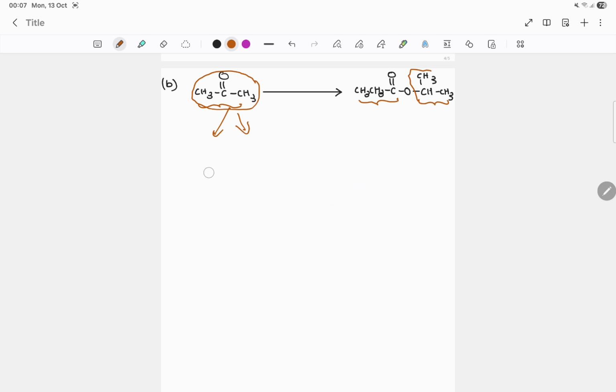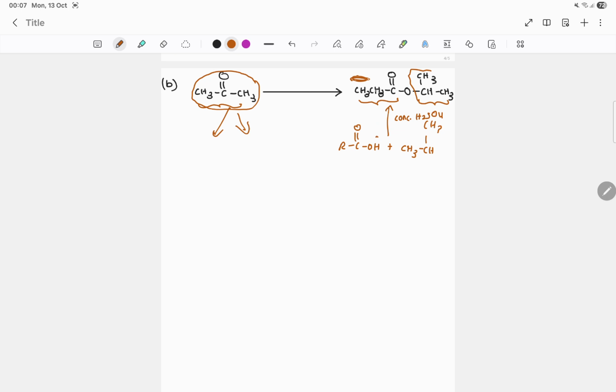Now, for carboxylic acid, RCOOH, if you add this group, CH3, by adding conc H2SO4, you can form this product.